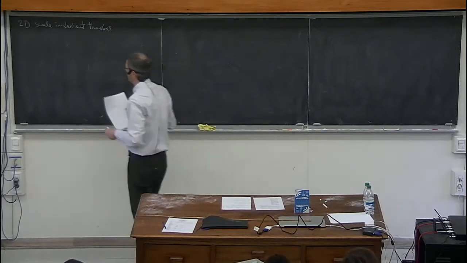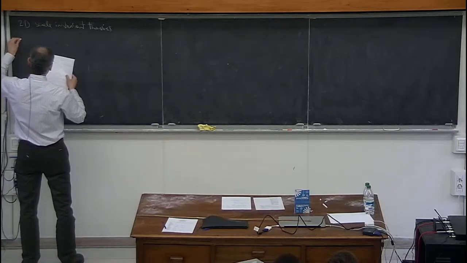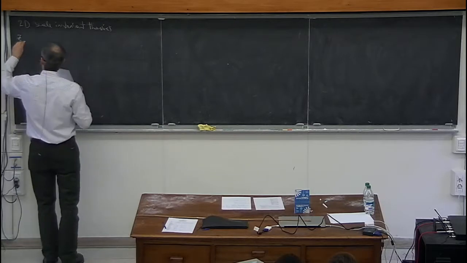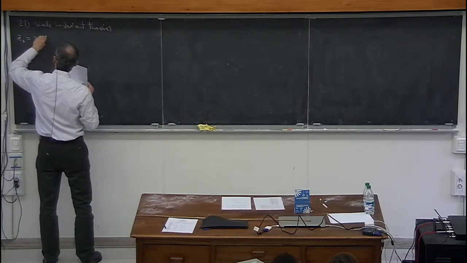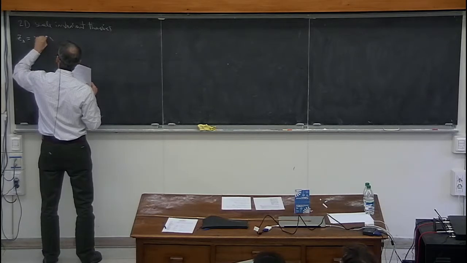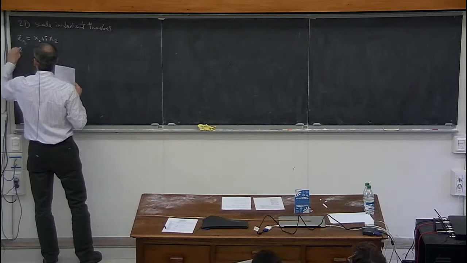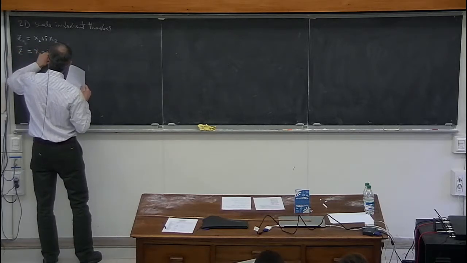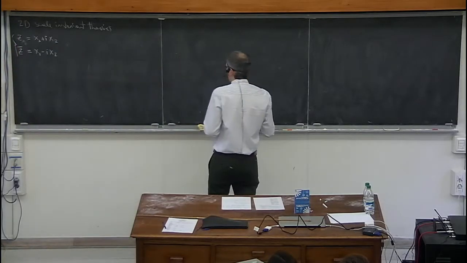So as you have seen already several times, the simplest and most convenient thing to do, first of all, is to introduce the complex coordinates z equal x1 plus i x2, and z bar equal x1 minus i x2.